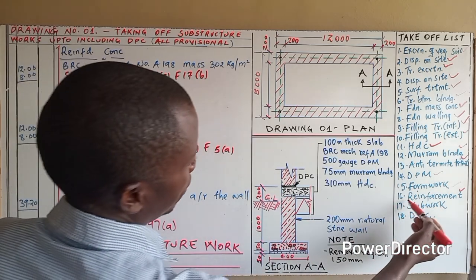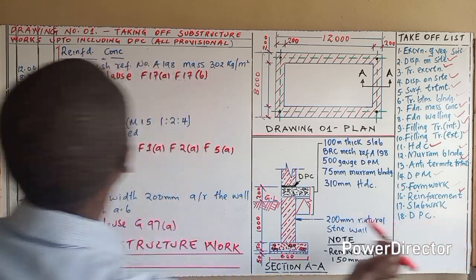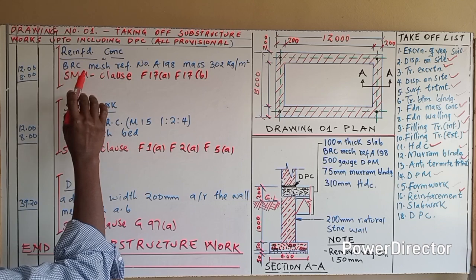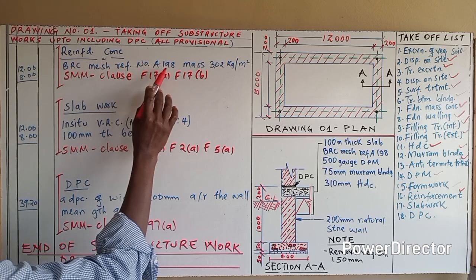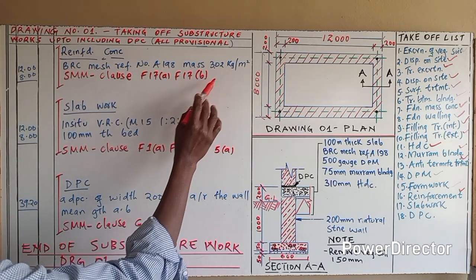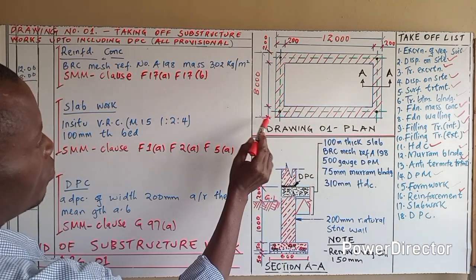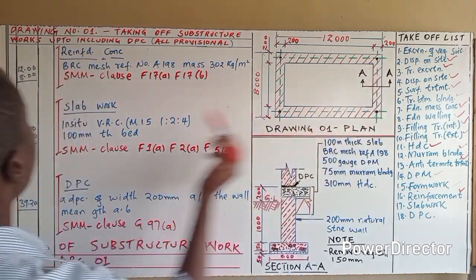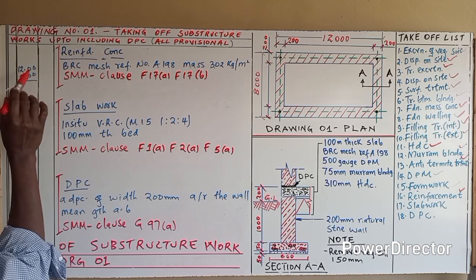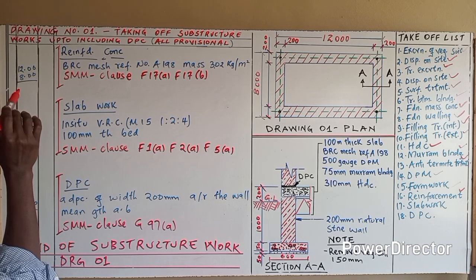So that is how formworks are being placed. Now let us move to the 16th heading now, that is the reinforcement. So BRC mesh ref this number mass this is being placed over this structure now using the extreme dimensions, that is 12.00 meters by 8.00 meters.